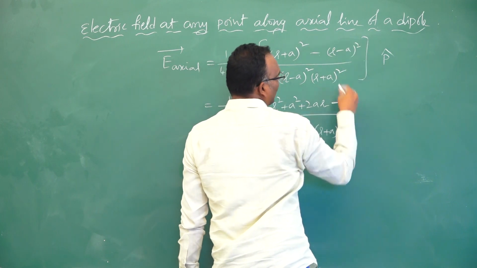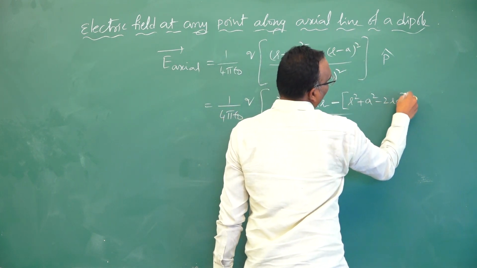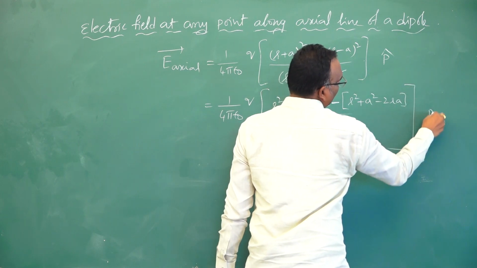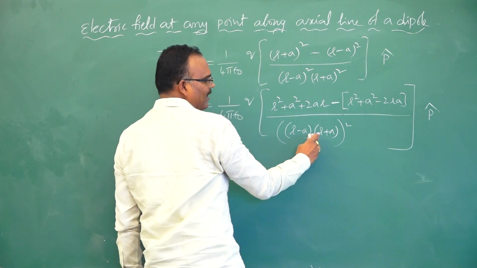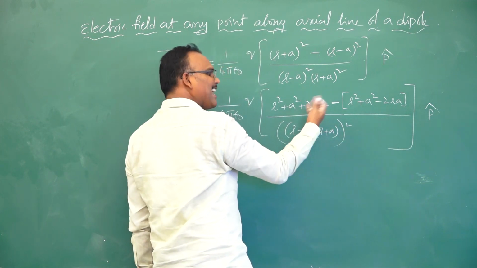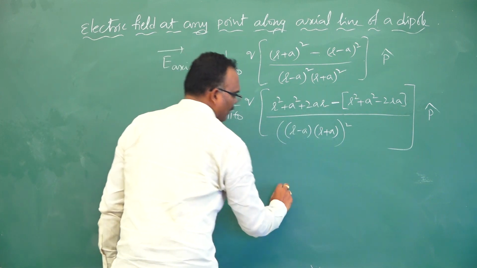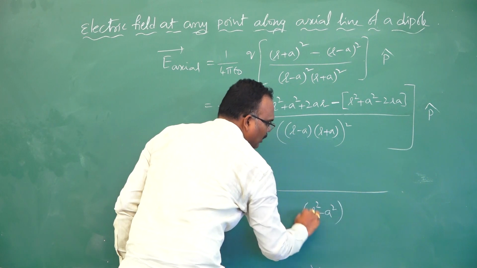This is (a minus b) whole square: so r square plus a square minus 2ra, into p cap. Now see here it is in the form of (a plus b) into (a minus b). We know this is a square minus b square. So here I will write (r square minus a square) whole square.